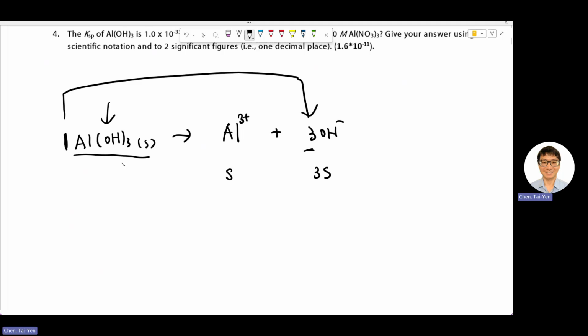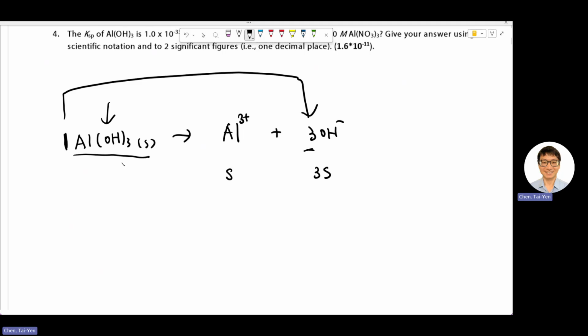However, the solution doesn't only contain your insoluble salt, right? What else do you have? You have your Al(NO3)3, right? That guy's going to dissociate 100%. That means it's going to produce what? Al3+ as well, right? A common ion that your insoluble salt also has.